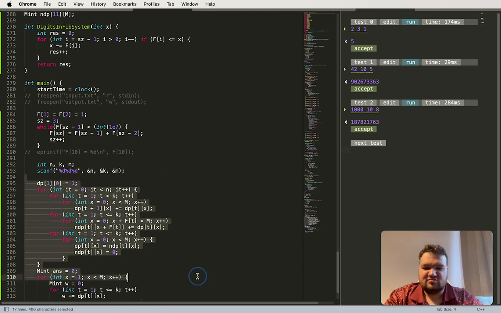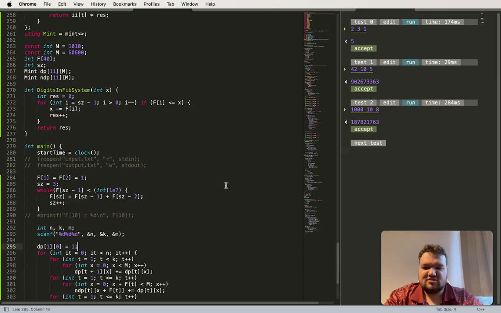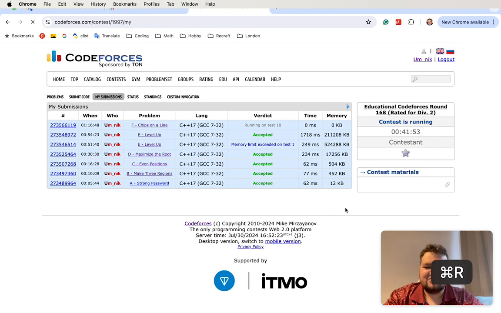There are no multiplications or divisions, so it should be fast enough even on a 32-bit system. That's not great. Well, okay.